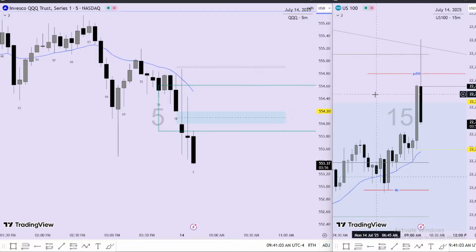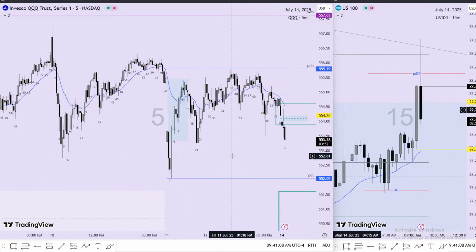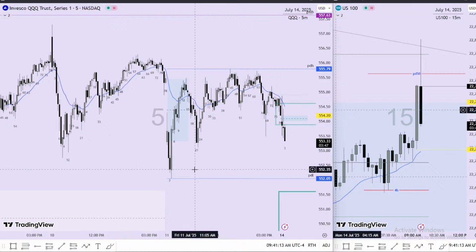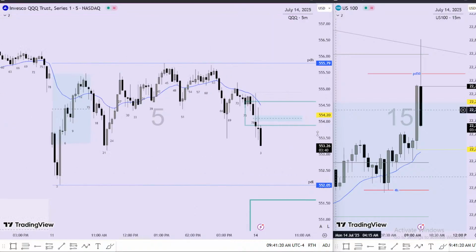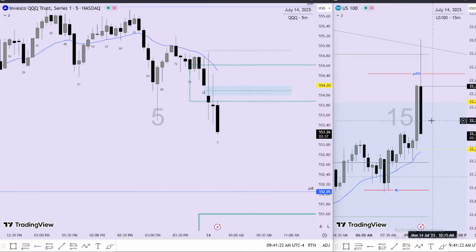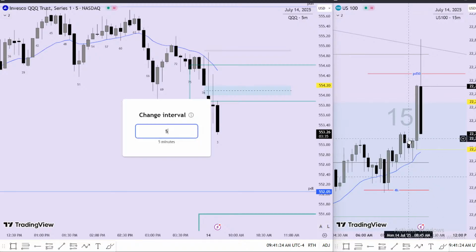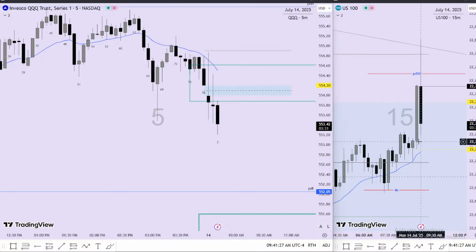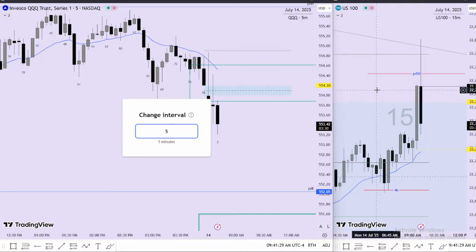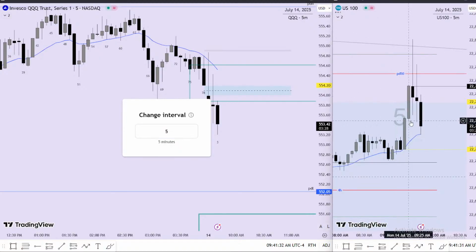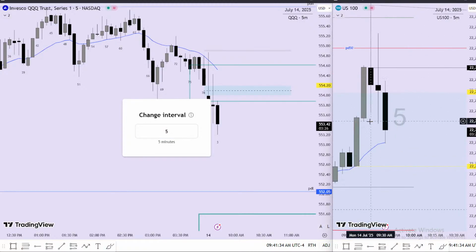This is strong enough and good for the bears. I need the bears to give me a closing below a bar; that would be a really, really good sign.